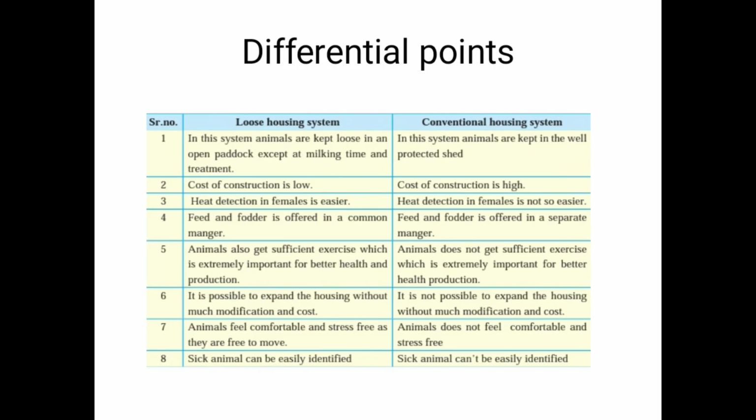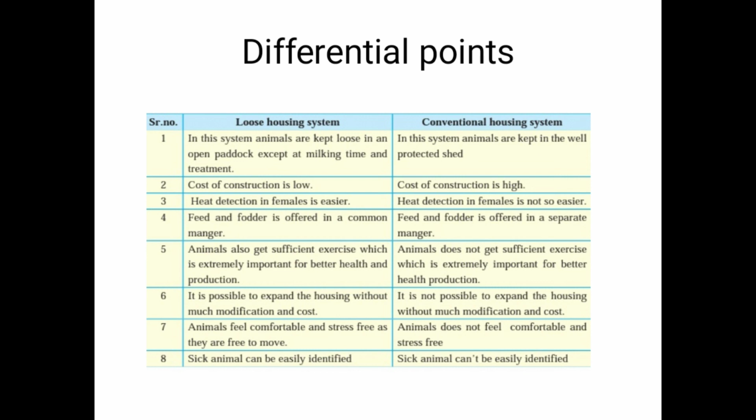And this slide shows the differential points between loose housing system and conventional housing system. In the last lecture, when we started studying housing, this is the last lecture related with the topic housing for dairy animals or domestic animals. We have studied the objectives, the points to be considered while selecting site for animal house or animal farm.